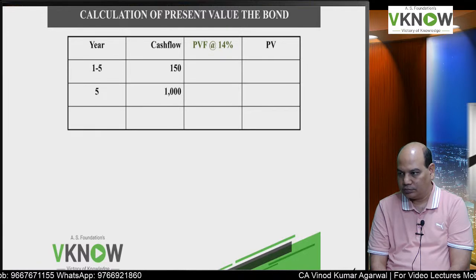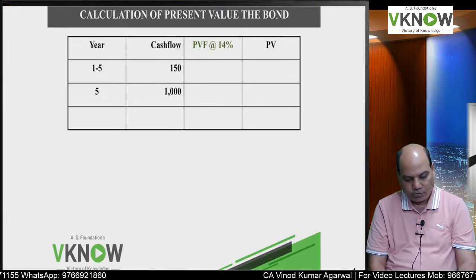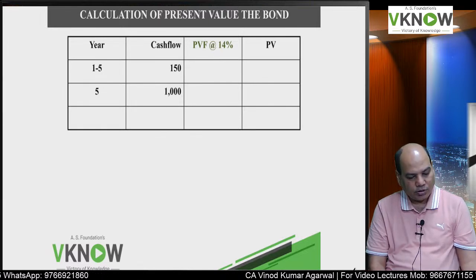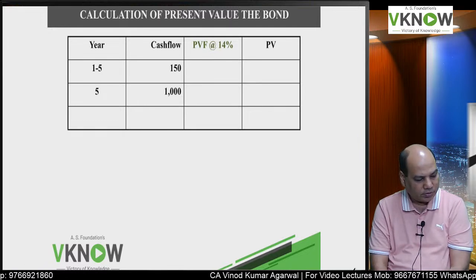Solve yourself. The coupon is 150 rupees for 5 years. Redemption is at par, so redemption is 1000 rupees.